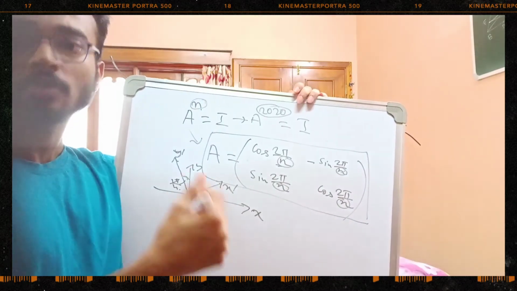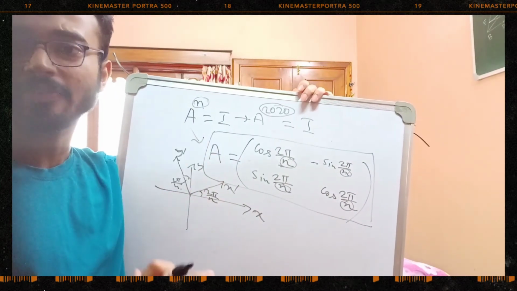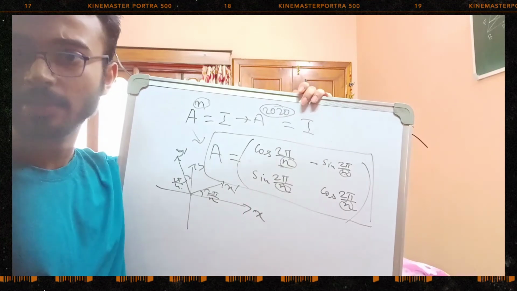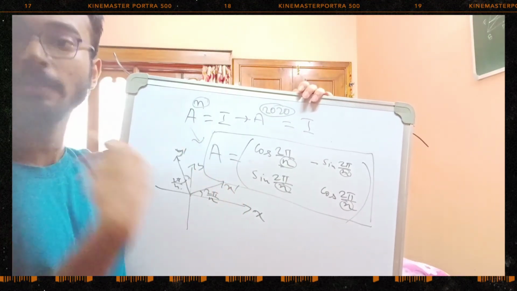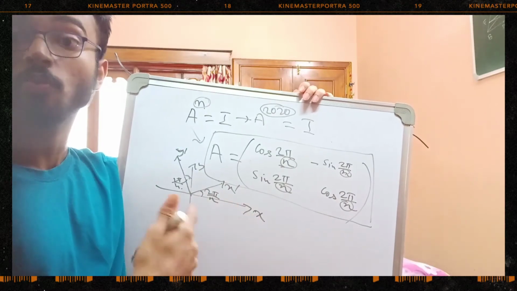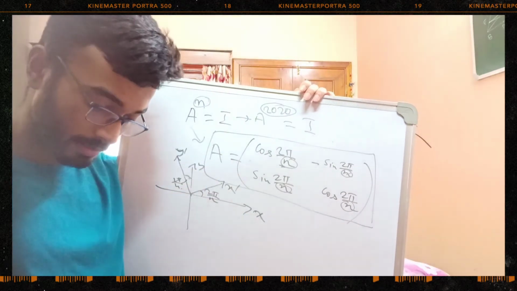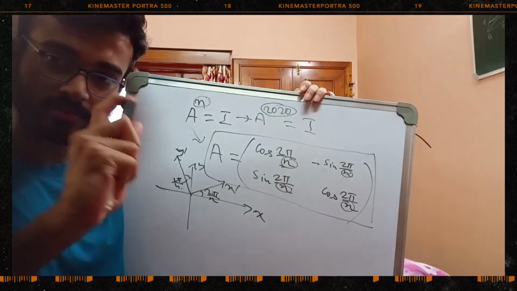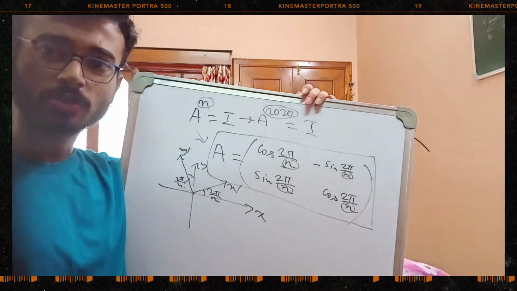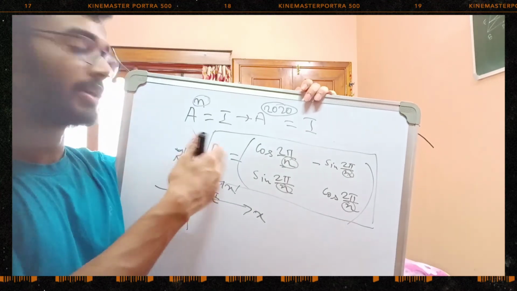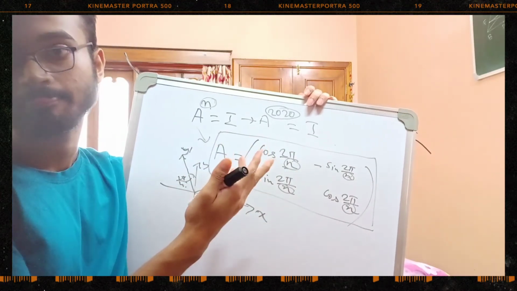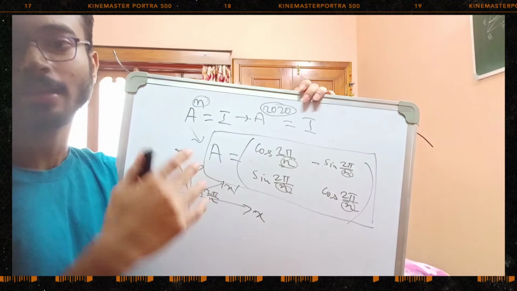That means what we started with, the transform, is nothing but keeping the same thing back as it is. So A to the power n keeps the coordinate axis the same. But what matrix do we multiply with some matrix to keep it the same? Identity matrix. Yes. So A to the power n would be I. That is the idea.